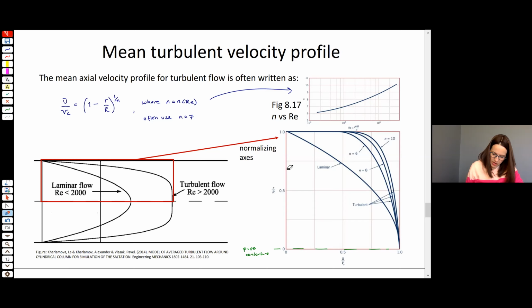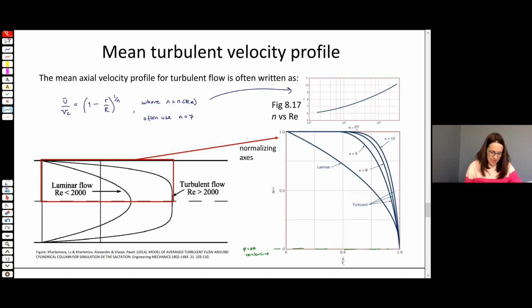And if we go up here, we're at the wall of the pipe, the top wall of the pipe. Right, so again, here we've got our laminar velocity profile. It's that parabolic velocity profile. And just to compare on the same axes, we've got our turbulent velocity profile with 3 different values of n, right? n is equal to 6, 8, and 10 over here. So you can really see that that turbulent velocity profile sort of fills in the corners much more than the laminar one does.